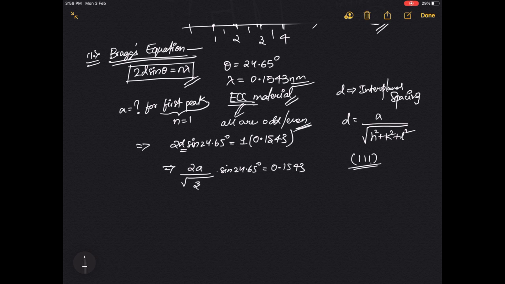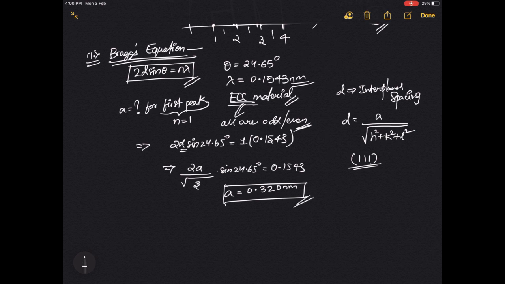Meanwhile, you also calculate and comment down the answer that you got. 0.1543 into root 3 divided by 2 divided by sine of 24.65. Okay, so we got the lattice parameter of 0.320. So this is the answer.